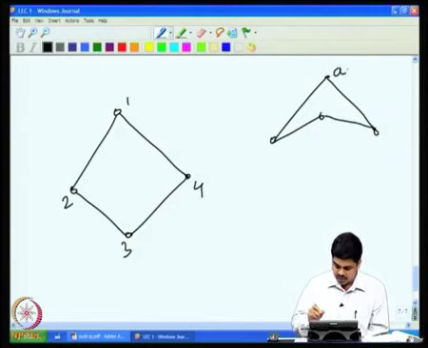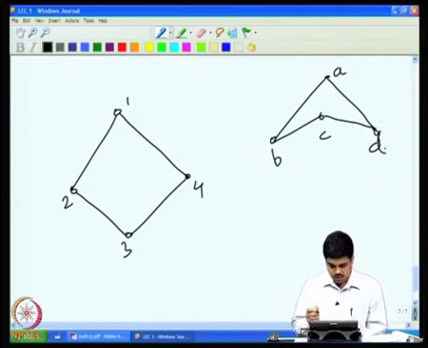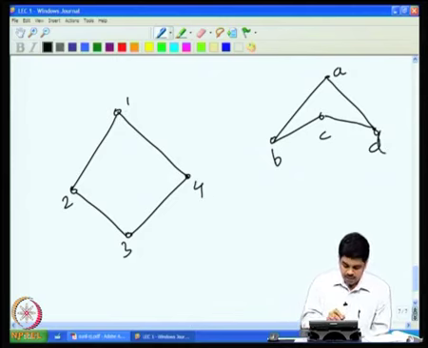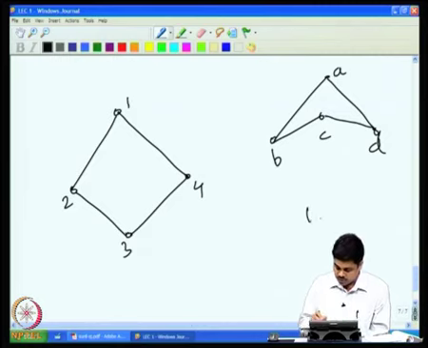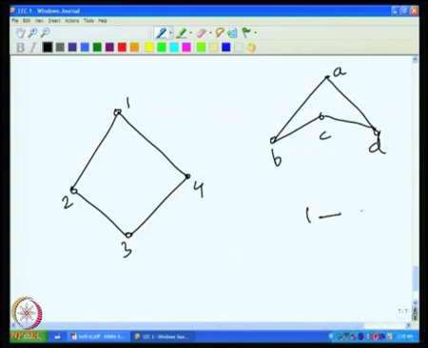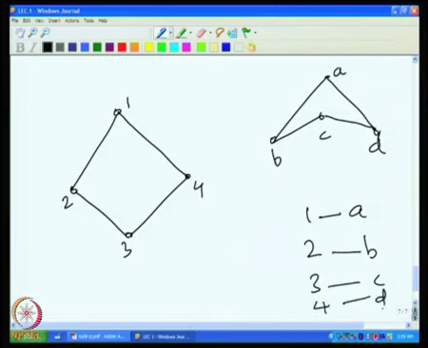Let me name its vertices A, B, C, D. The function f will map 1 to a, 2 to b, 3 to c, and 4 to d. This is the function f.